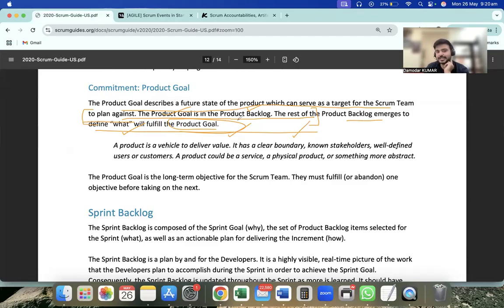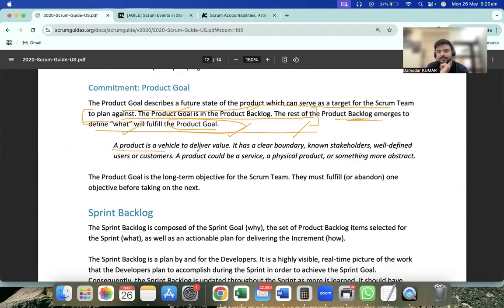All the items in the product backlog emerge to define what will fulfill the product goal: sign up, reset password, option to ask questions, option to search previous historical questions, answering questions, and approaching a colleague who can help in the community. These will all be in the product backlog.